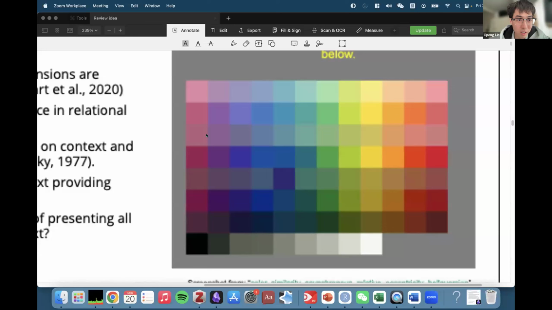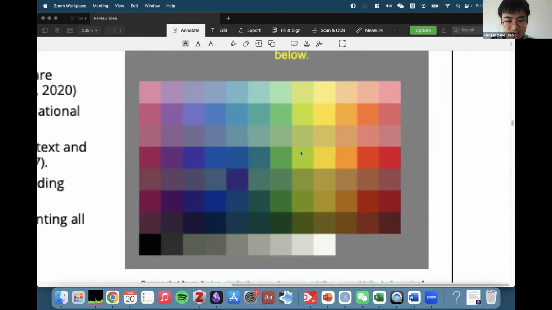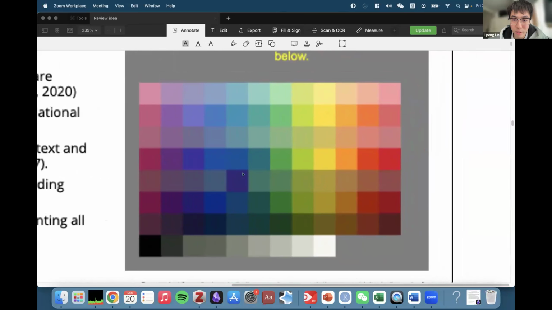Maybe I can show you the 93 colors they present. Let me share my screen again. Yeah, this one. In the experiment, they show participants all the upcoming colors, so participants will have expectations.